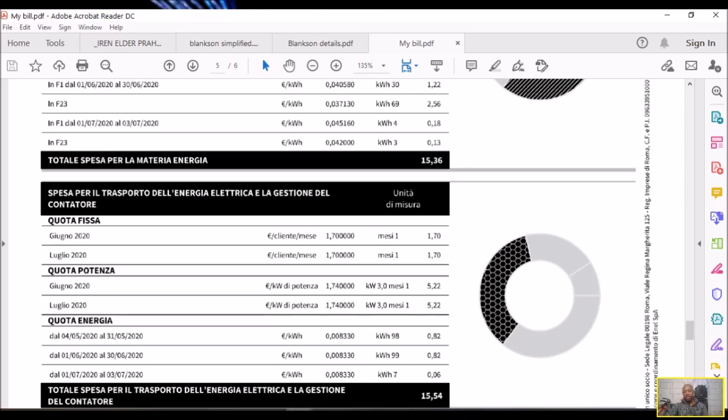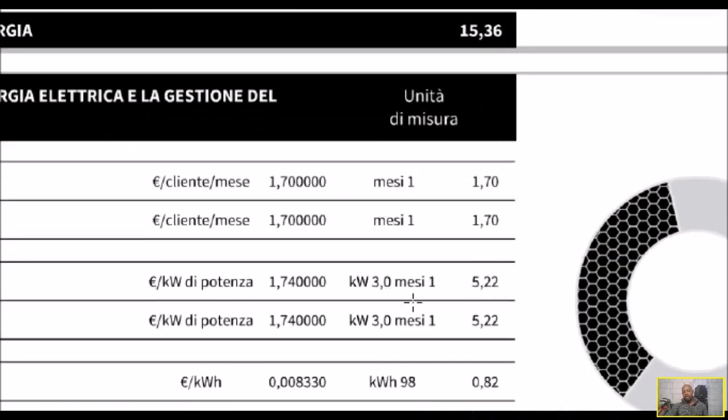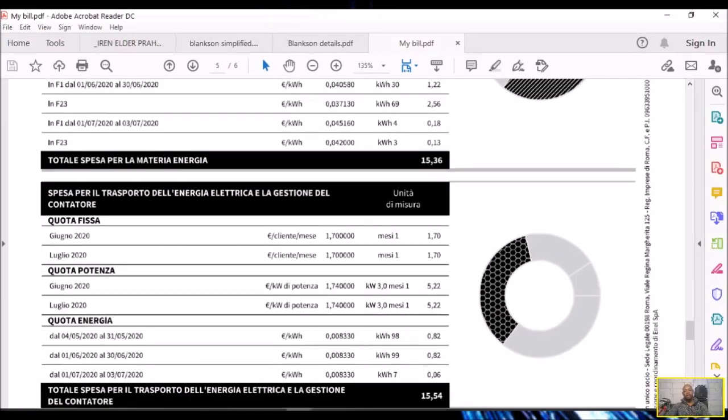But over here, they are giving you 3 kilowatts, and it is 3 kilowatts you are paying for. And la quarta potenza, which is the 3 kilowatts, is €1.70 times the 3 kilowatts you have available, which gives you €5.22.